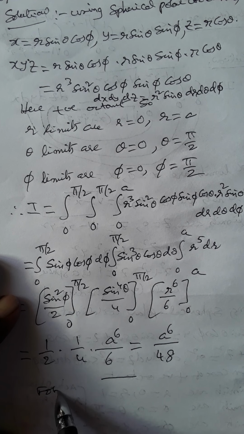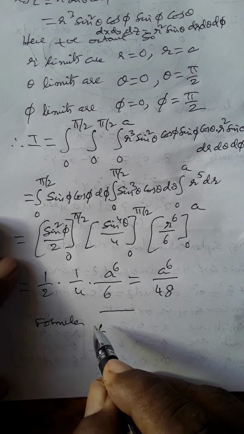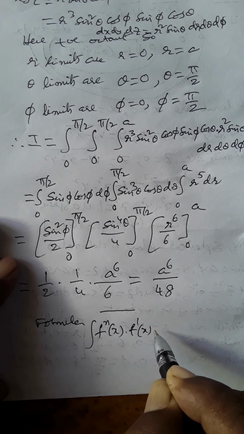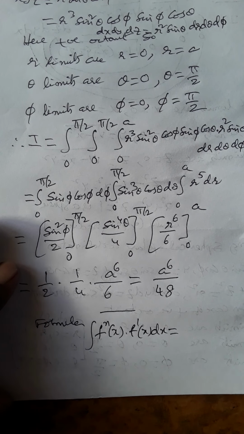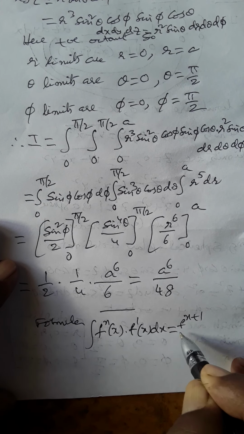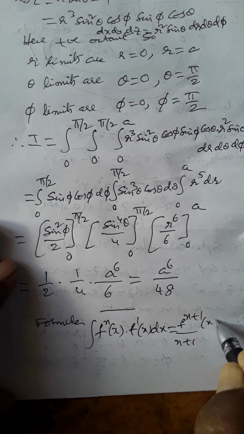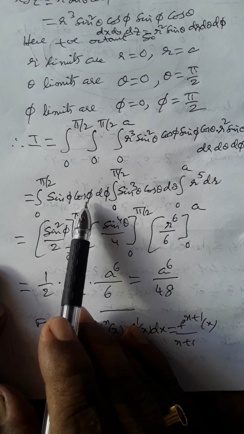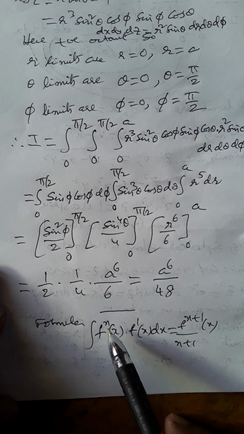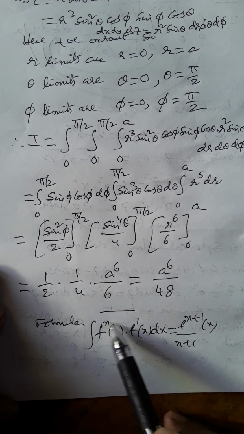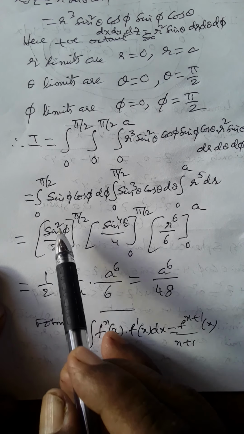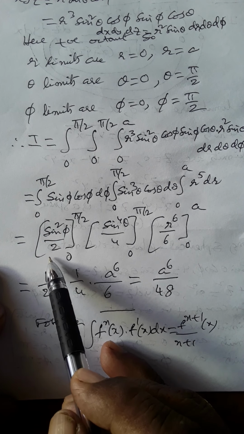Here the formula is: integral of f power n x into its derivative f dash x dx is equal to f power n plus 1 by n plus 1. Using this formula here, sin phi with derivative cos phi, you add 1 to the power n. Power is 1, 1 plus 1, so sin square phi by 2.